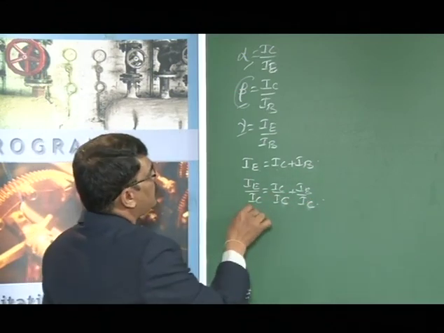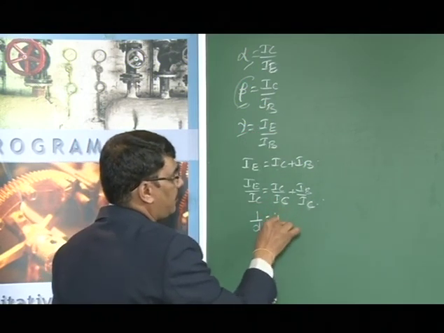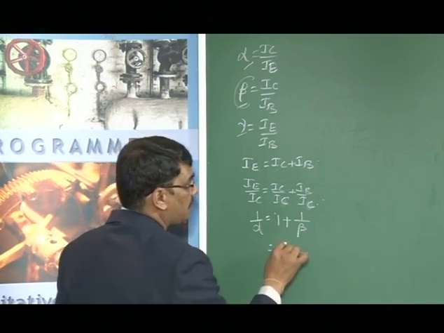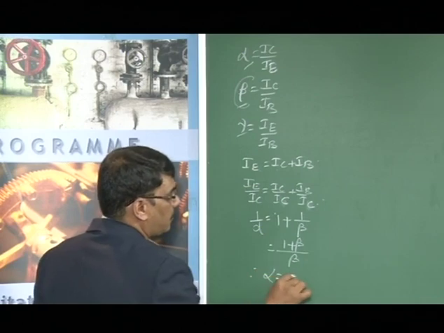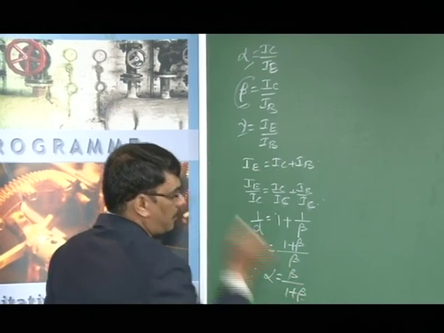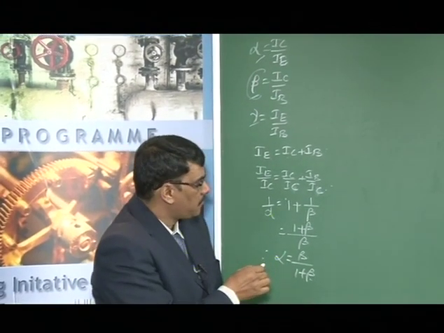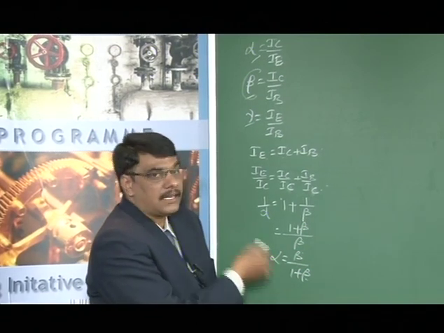Therefore, IE by IC is nothing but 1 by alpha, and IC by IB is beta, so IB by IC is 1 by beta. If you take the LCM, this is equal to 1 plus beta by beta. Hence, alpha is equal to beta divided by 1 plus beta. If I know the beta value, I can determine the current gain in the other parameters.